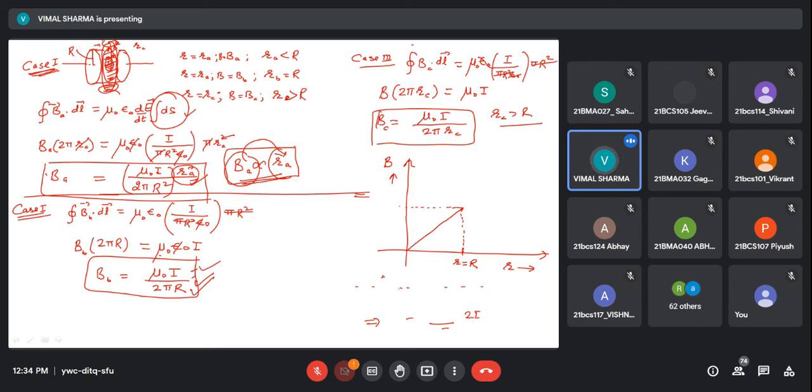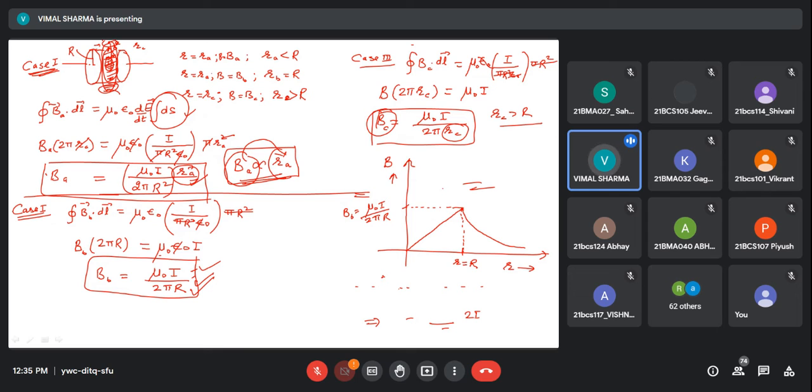You can say that this value of magnetic field is mu naught I divided by 2 pi R, that is maximum value of magnetic field, and after that it is inversely proportional to r. Magnetic field varies inversely as r. You can plot it like this. So this is how magnetic field between the plates of capacitor due to displacement current varies.